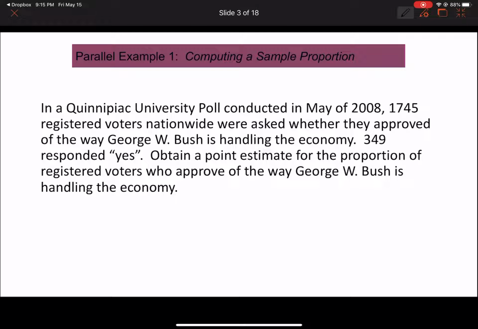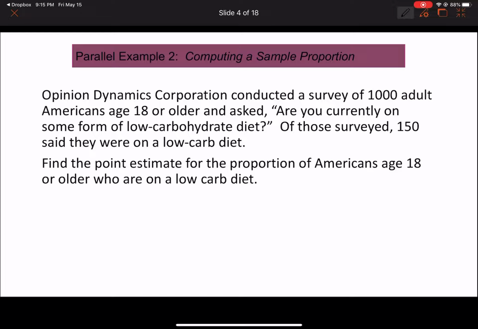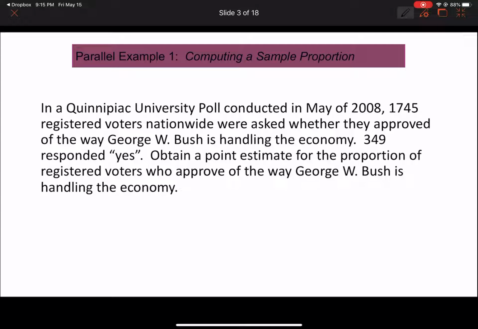So I'm going to find this first point estimate for you, and then I'm going to have you find one. In the Quinnipiac University poll conducted in May of 2008, 1,745 registered voters nationwide were asked whether they approved of the way George W. Bush is handling the economy. 349 responded yes.